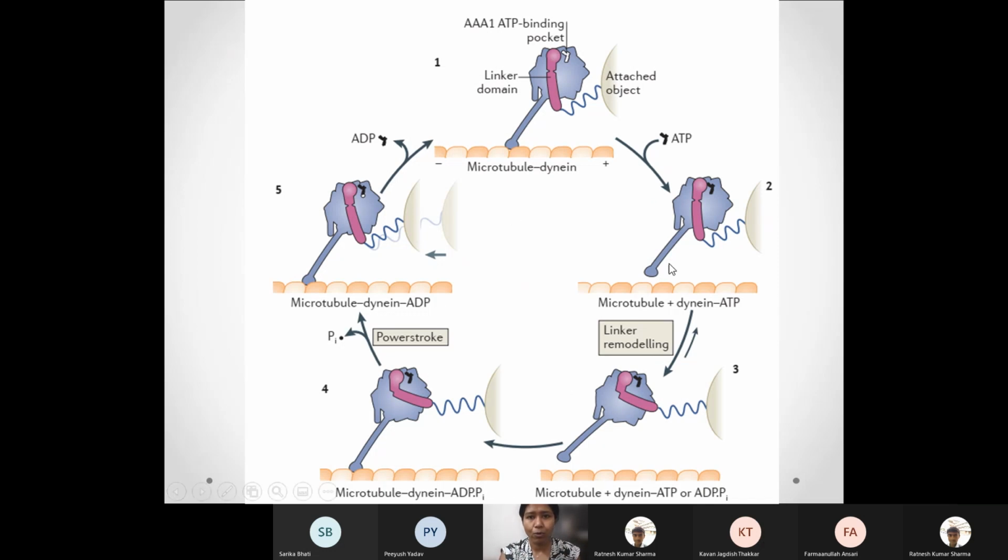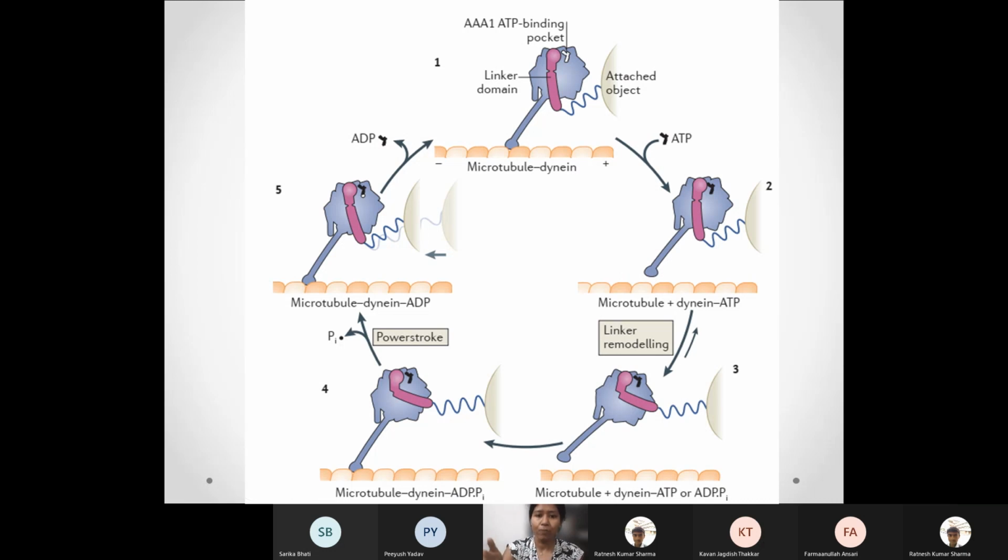So if you do not have an ATP bound to the kinesin head, dynein head, because the dyneins have these six AAA plus ATPase ring. They bind to ATP. So if you now consider a situation where it is bound to ATP, then that shows us a state where the dynein is not able to bind to microtubule.